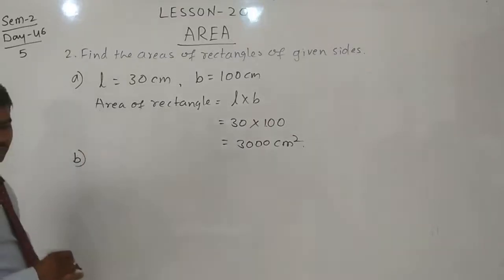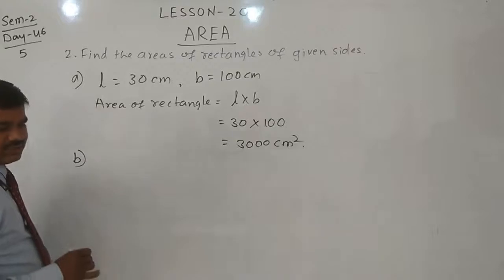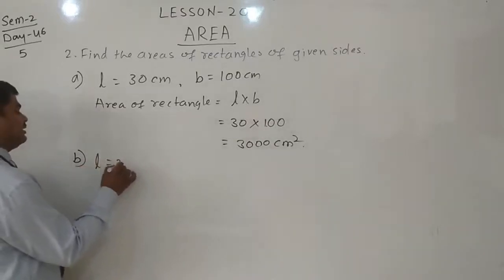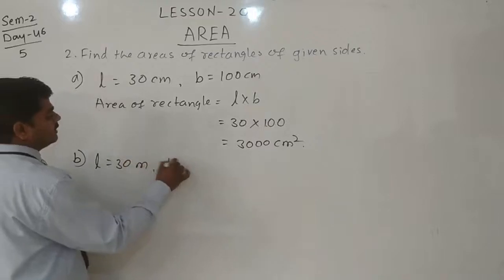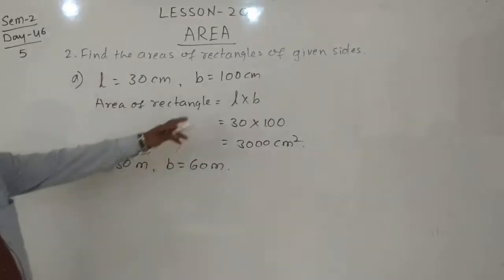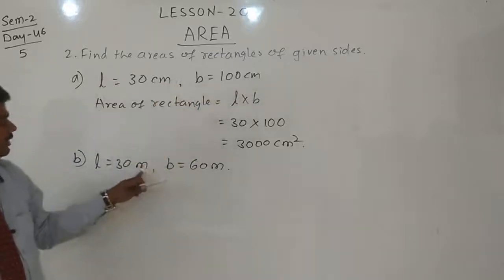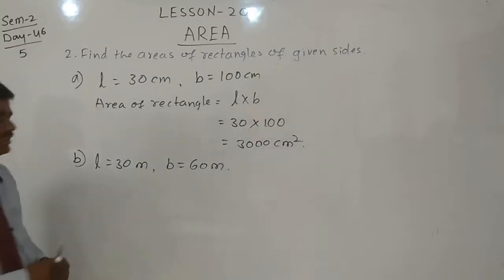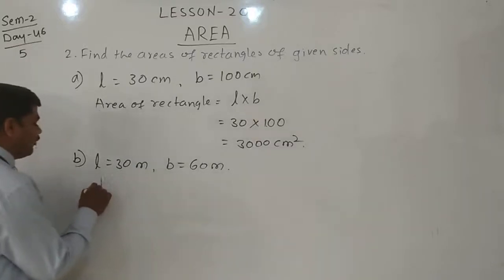And one more, that is L is 30 meter and B is 60 meter. Here centimeters were given, and here they give it in meters, so the square unit will change. Now what is the formula?